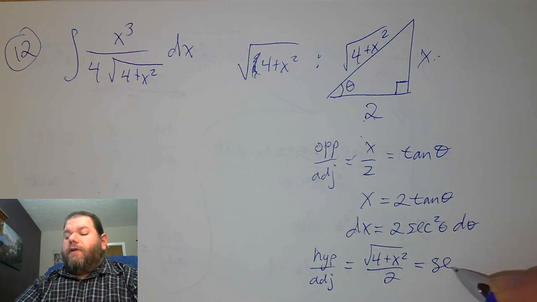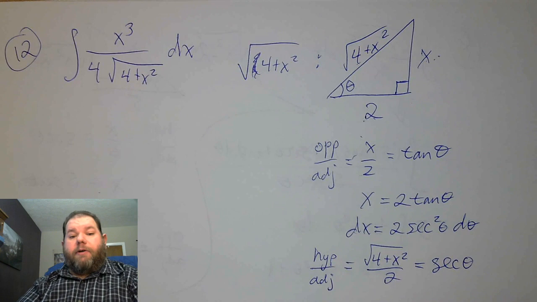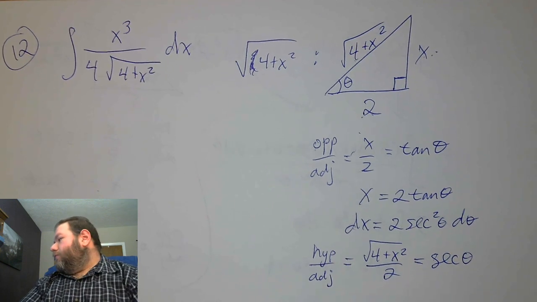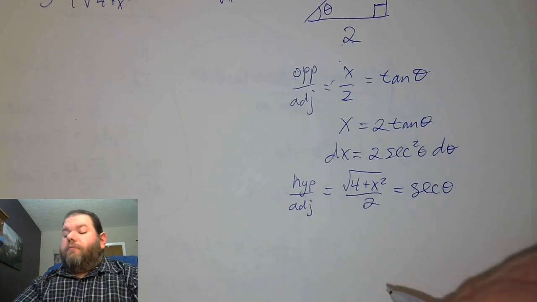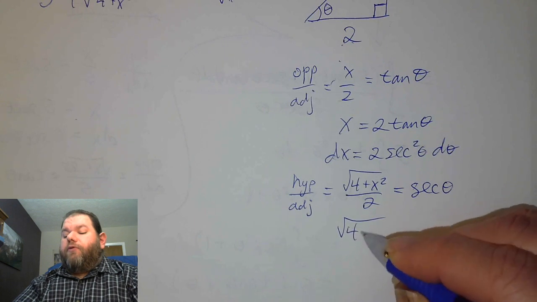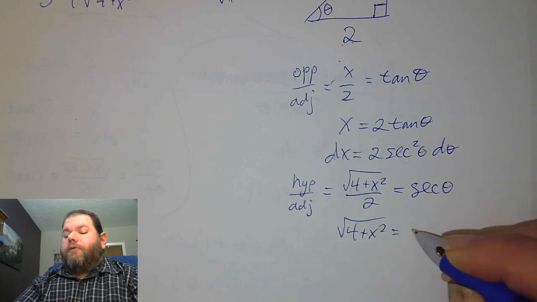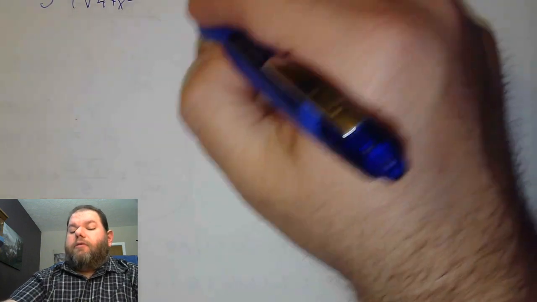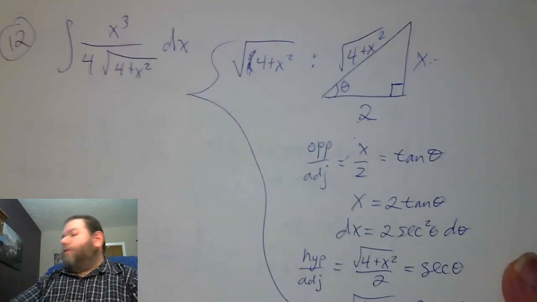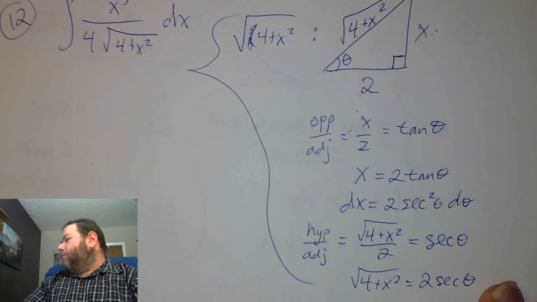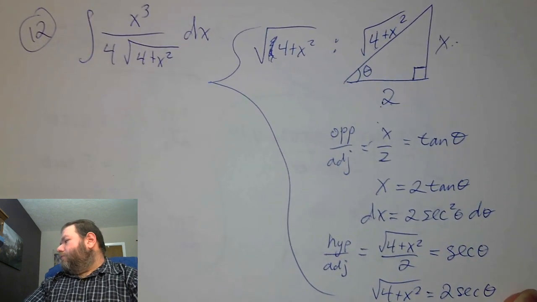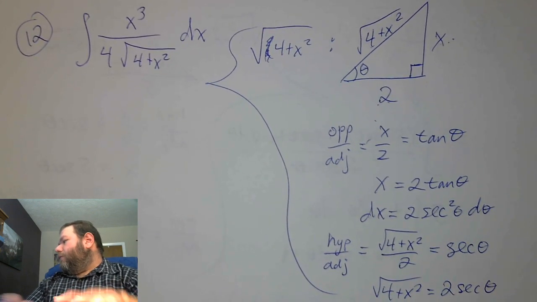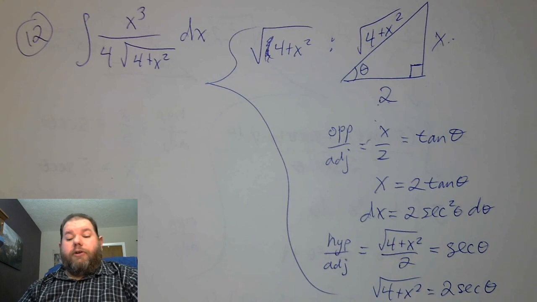And that is secant of theta when we have hypotenuse over adjacent. So we can say the square root of 4 plus x squared is equal to 2 secant theta. So that's what we're working with here.